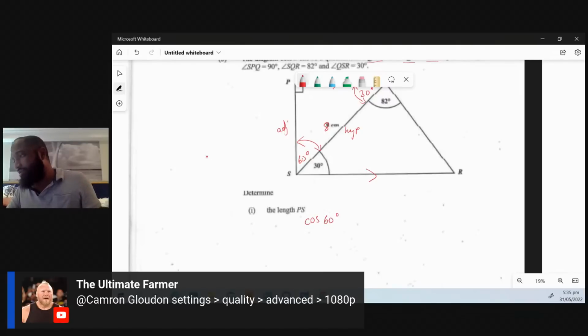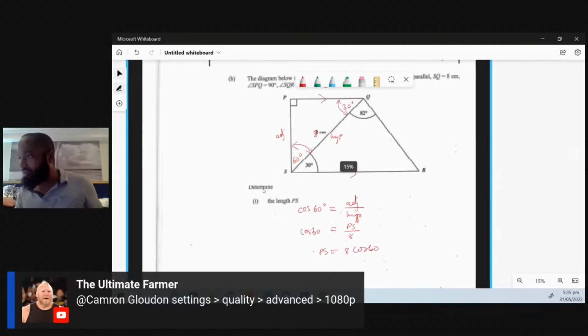Cos of 60 must be equal to the adjacent over the hypotenuse, which is what we're trying to find, PS over 8. So cos of 60 is something. What's cos of 60? Let's just write cos of 60, right? This is maths, not math. So PS is equal to 8 times the cos of 60, which is how much?